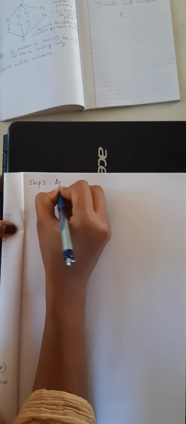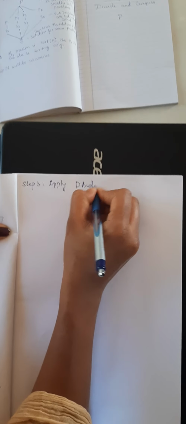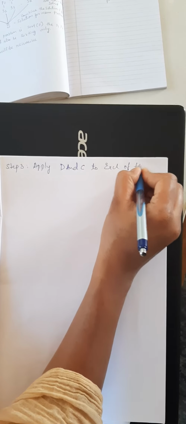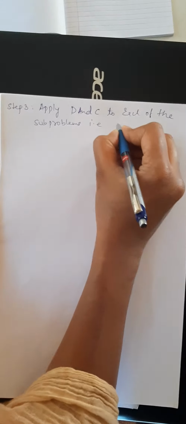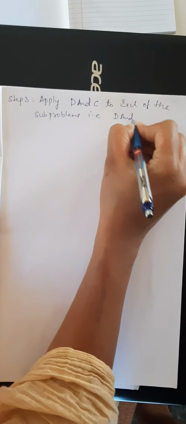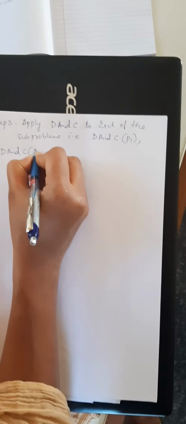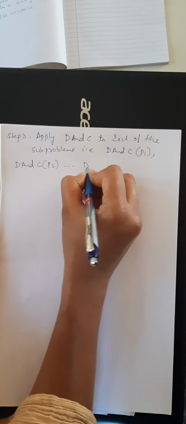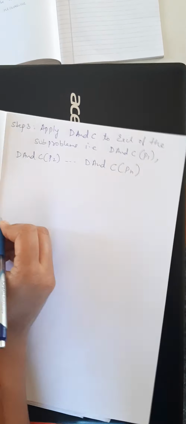Step 3, apply divide and conquer to each of the sub-problems, that is divide and conquer of P1, comma, divide and conquer of P2, so on, divide and conquer of Pn.